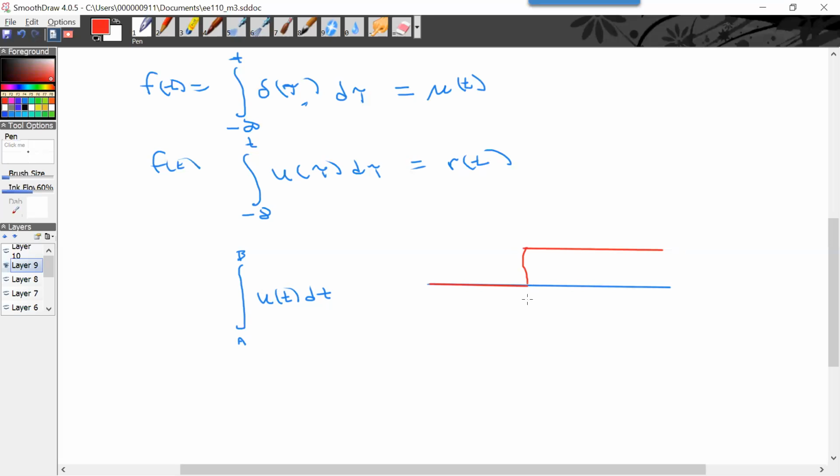Okay, it goes up at 0. All right. So let's say our limits are between -2 and 1. Well, the step function is 0 the whole time, so that area is going to go to 0.